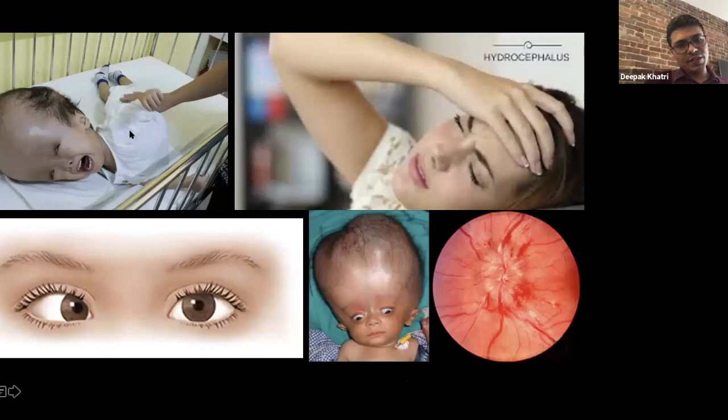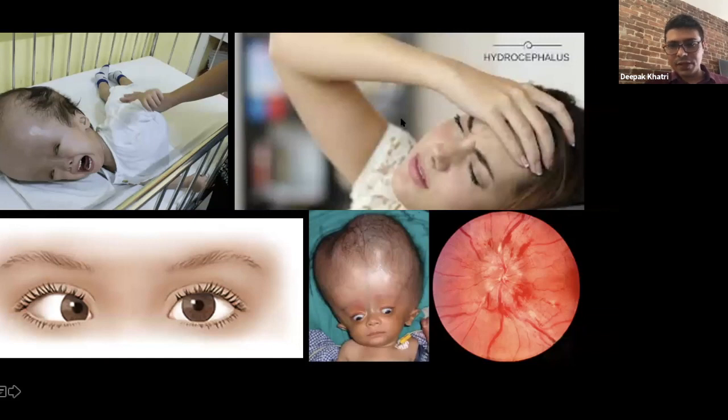As you can see on the upper left picture, this child with the hydrocephalus has an increased head size, he's irritable, and you can appreciate these scalp veins which are distended. The reason for that is because of the increased pressure, it puts pressure on the dural venous sinuses. So the scalp veins are not able to drain into the venous sinuses.